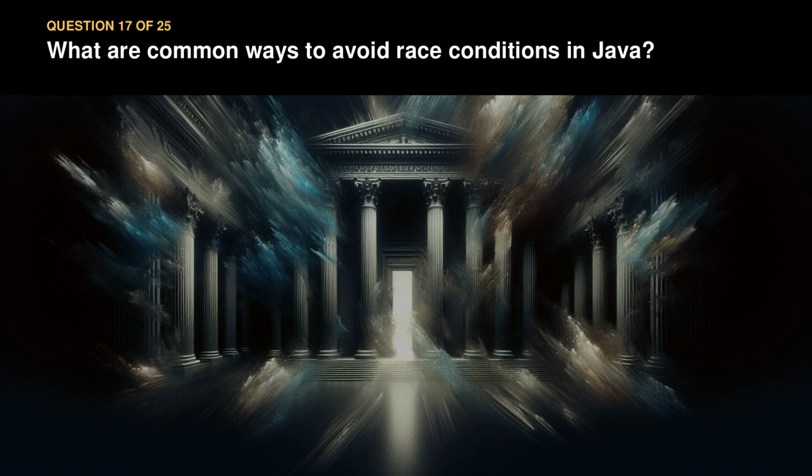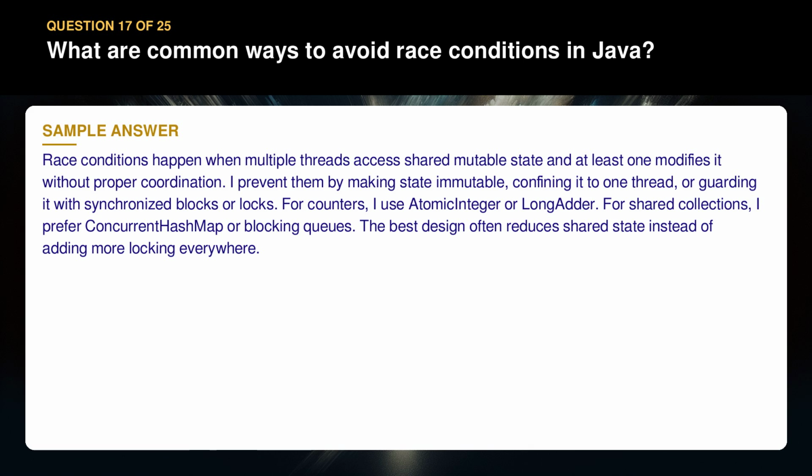What are common ways to avoid race conditions in Java? Race conditions happen when multiple threads access shared mutable state, and at least one modifies it without proper coordination. I prevent them by making state immutable, confining it to one thread, or guarding it with synchronized blocks or locks. For counters, I use AtomicInteger or LongAdder.